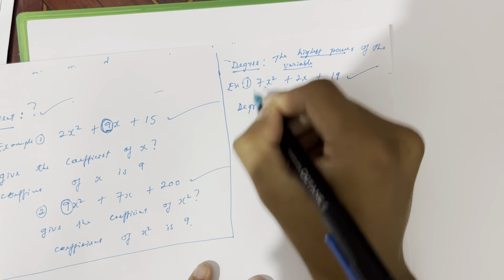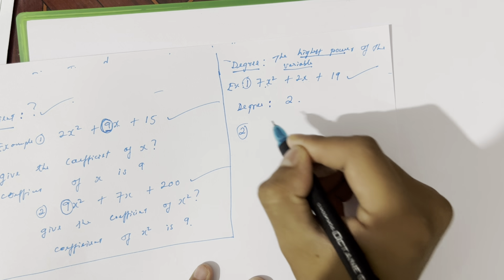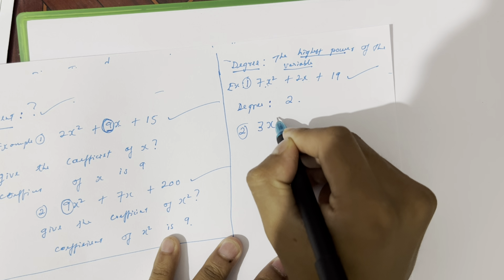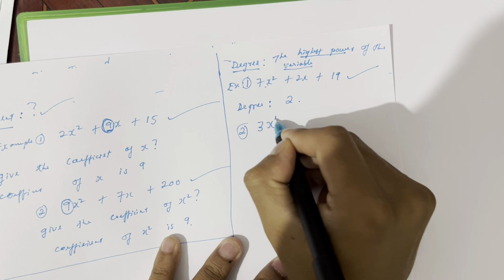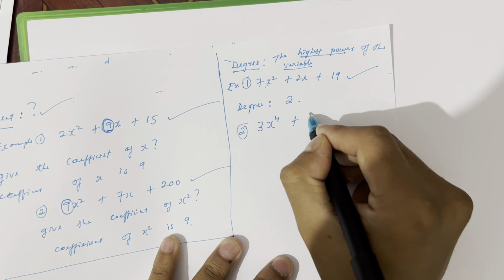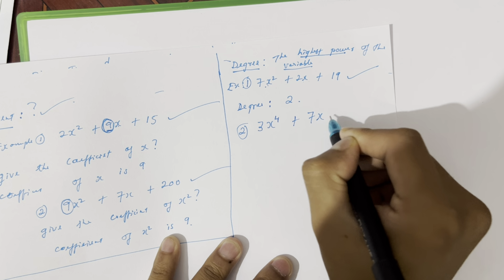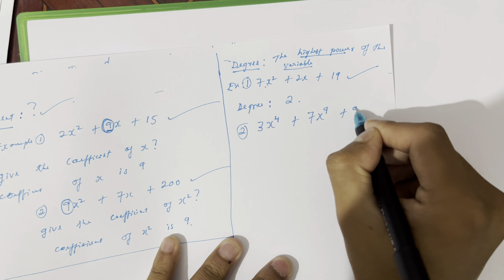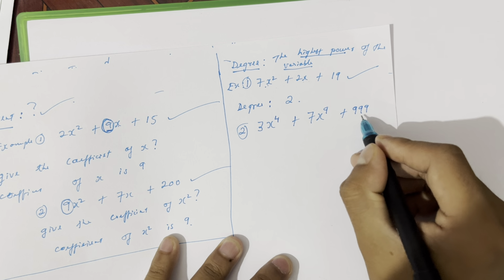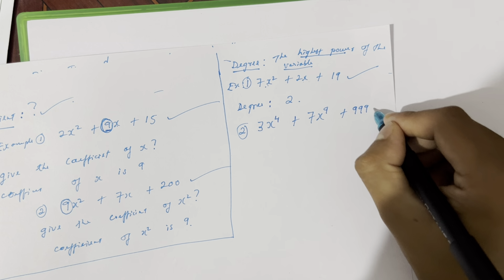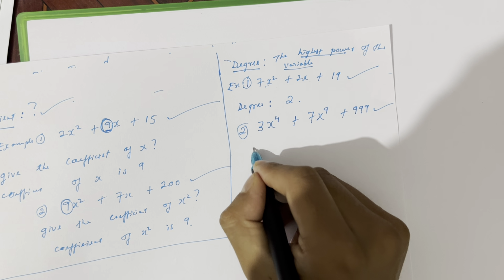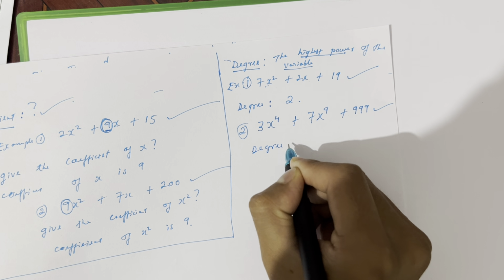Let me give you another example. This was one example, now the second example: 3x to the power 4 plus 7x to the power 9 plus 999. Now we check the degree. What is the degree in this polynomial? Can you give me?